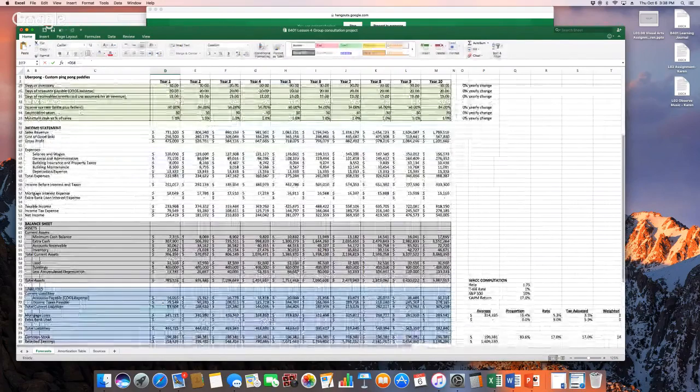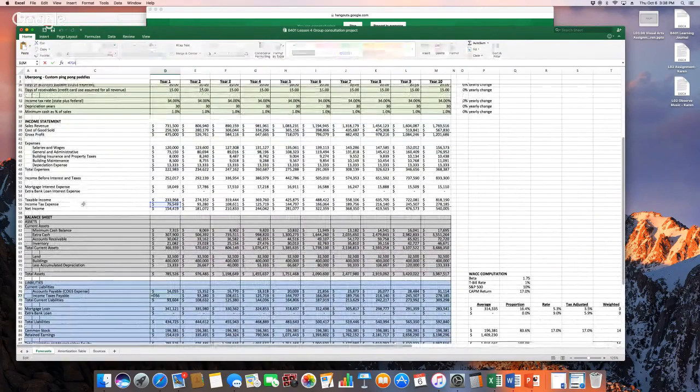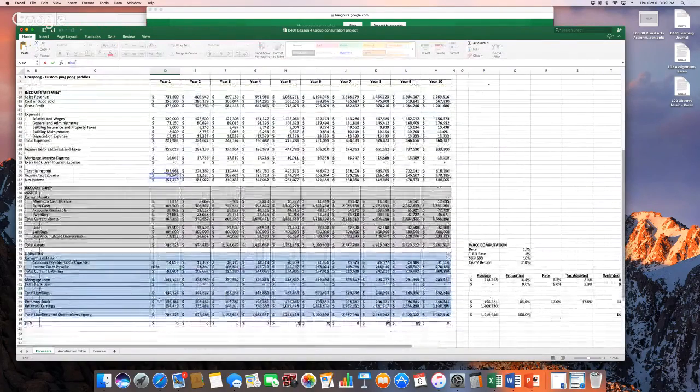The income taxes payable is the next line item. That is basically just the income tax expense, but it increases with the actual net income or income tax expense.